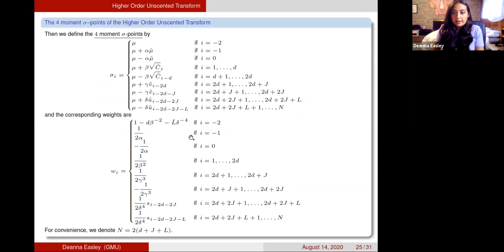It's in the weights, basically, how we have the weights set up with these constants alpha, beta, gamma, and delta.